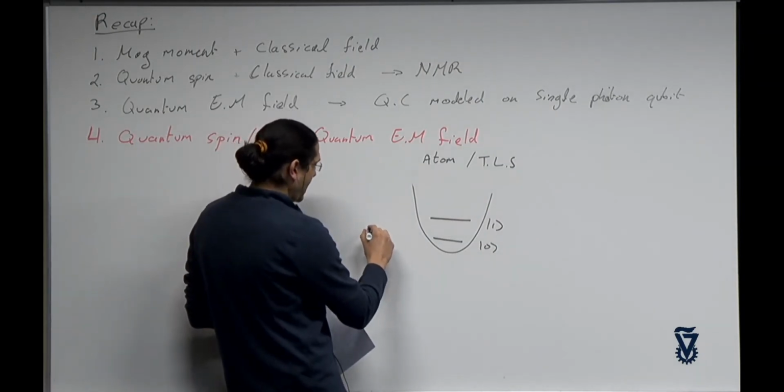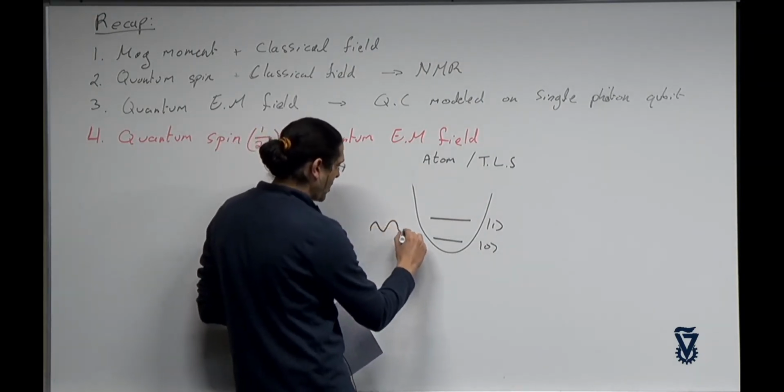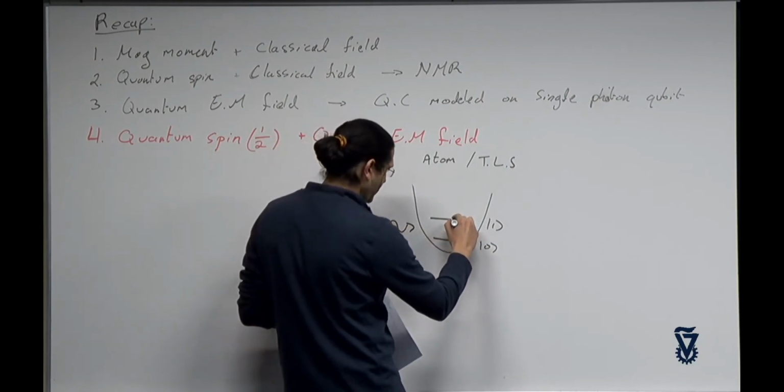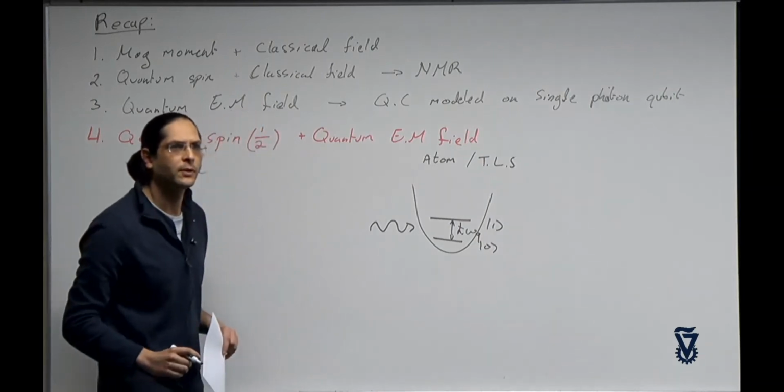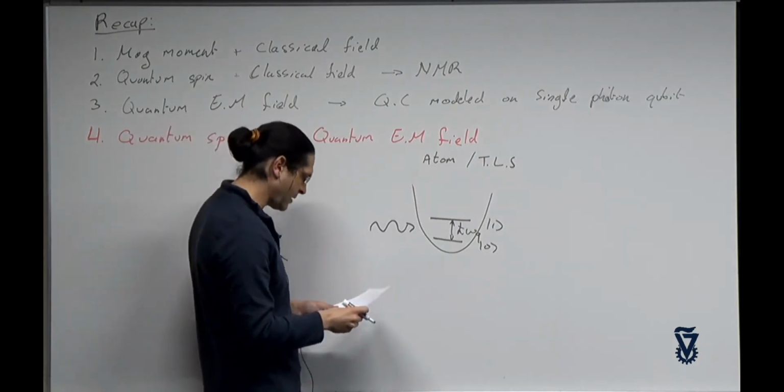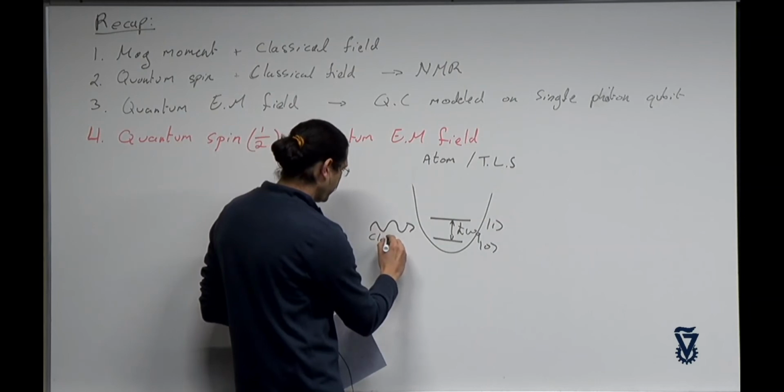We had some energy difference here, h bar omega q, omega qubit, and we drove this thing with a classical field.